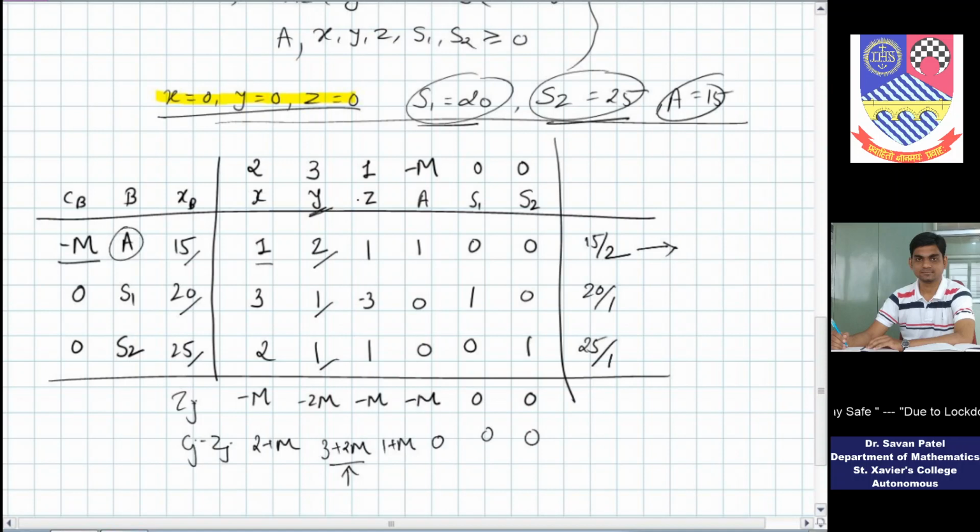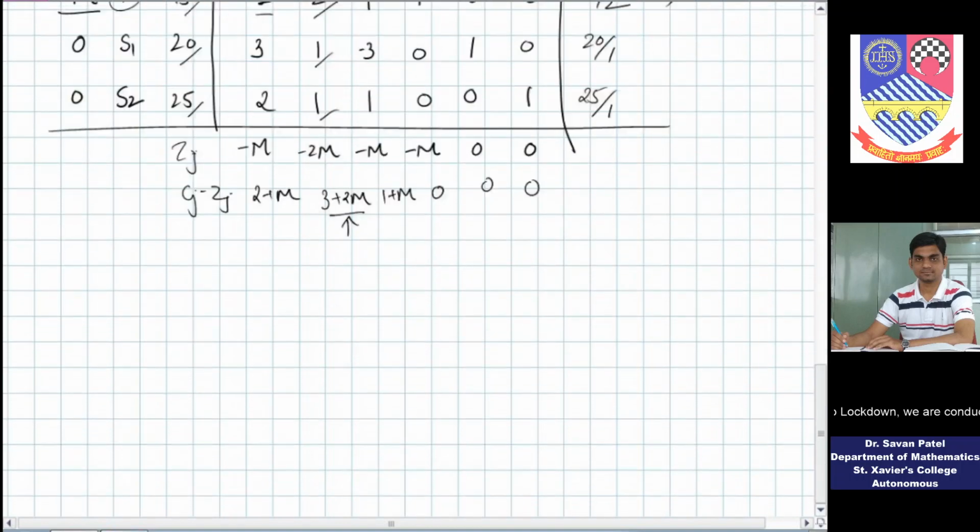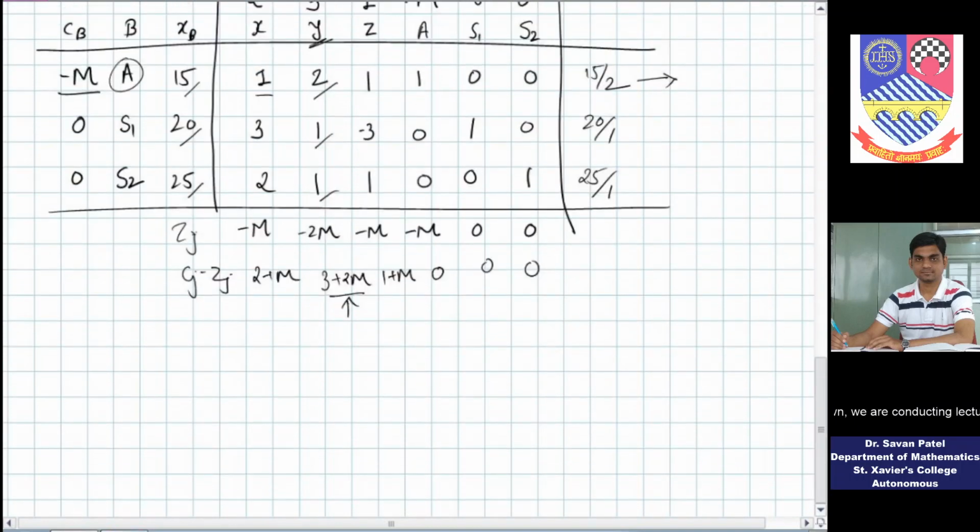So the next simplex table is like this. In the next simplex table we will have xb, b, cb. a is now replaced by y. s1 and s2 are as it is. y's coefficient is 3, so here it will be 3.